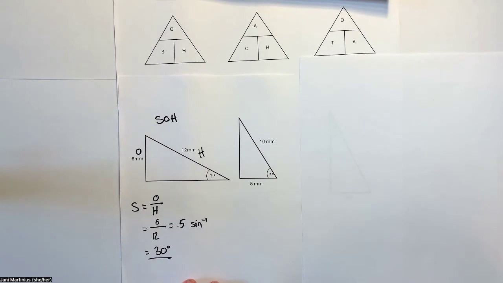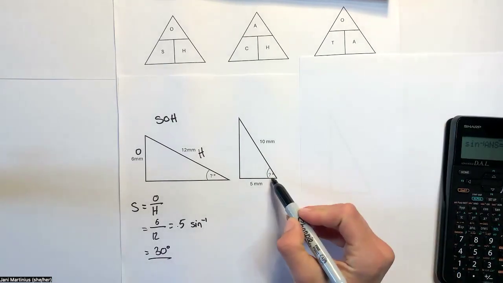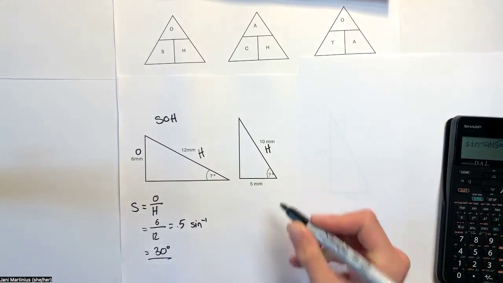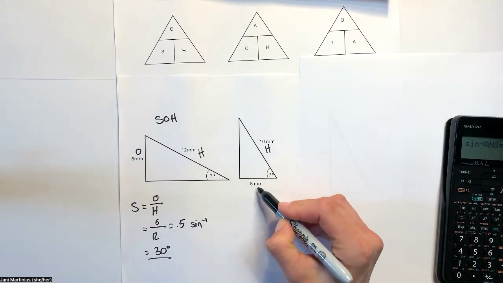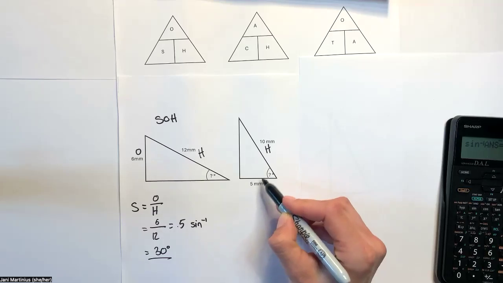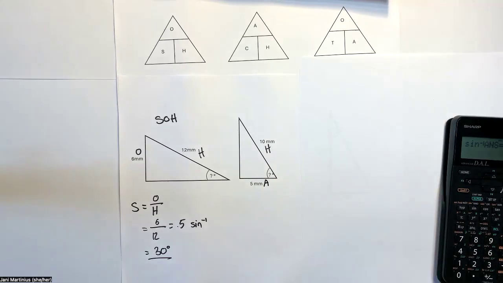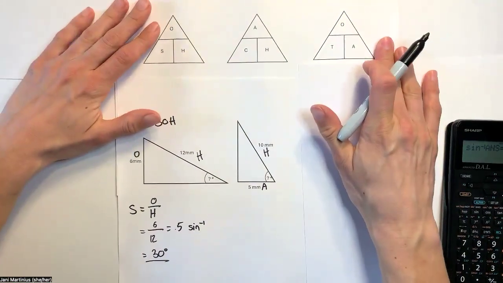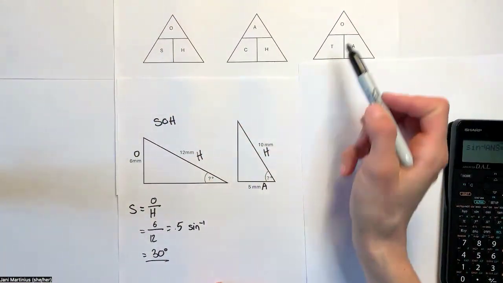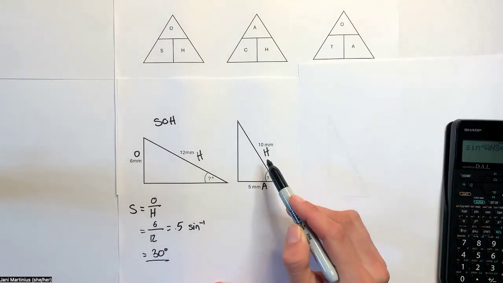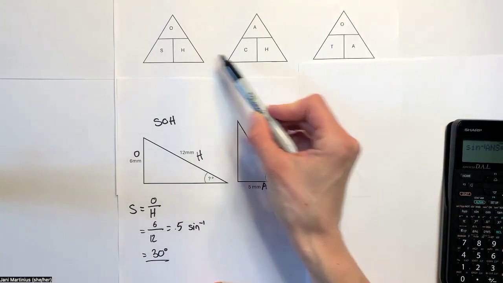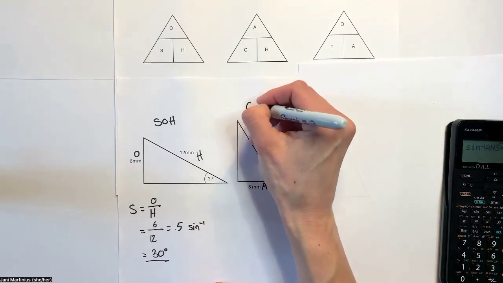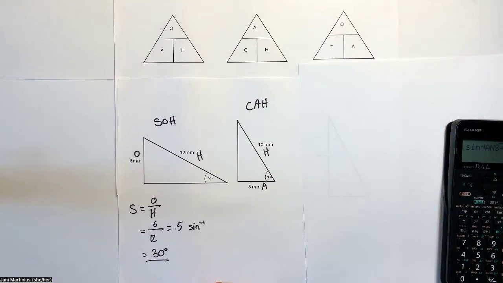Let's move on to the second one. We have an angle that we're trying to find. We have a hypotenuse, and we have something given to us that is right adjacent to our angle, which makes this an A. Now, looking at our triangle, SOHCAHTOA, we have an A and an H. Well, SOH has an H, CAH has an H, but only CAH has an A and an H, so it'll be CAH.